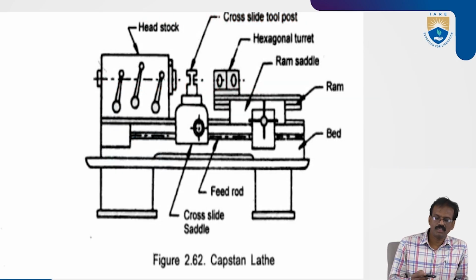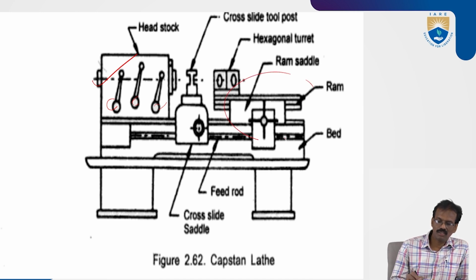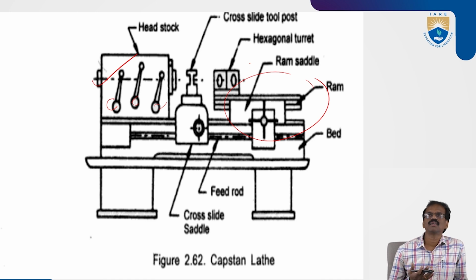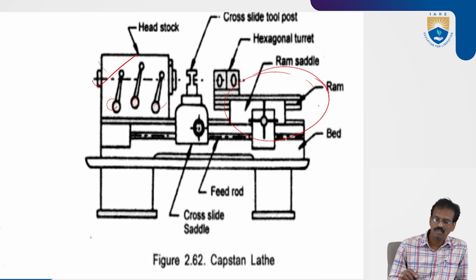So this is the capstan and turret lathe. This is the headstock. By the help of these levers, you can provide different speeds to the workpiece. In a standard lathe we see the headstock and the tailstock position, but instead of the tailstock here we see a ram and saddle.